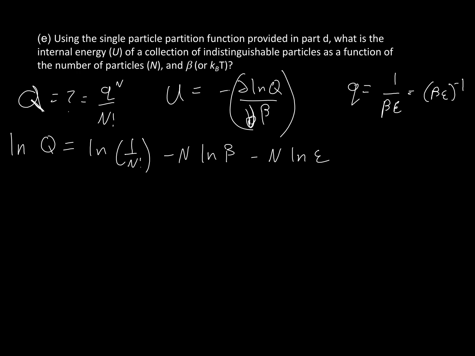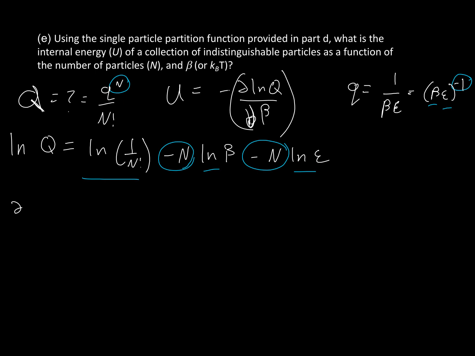So from log properties, we're taking q to the n, and we have the minus 1. That's where we get the minus n here and minus n there. The beta and epsilon are multiplied together, and that's how we can separate them through the log properties. And then, of course, this factor right there is the same logic, but just for the indistinguishability factor.